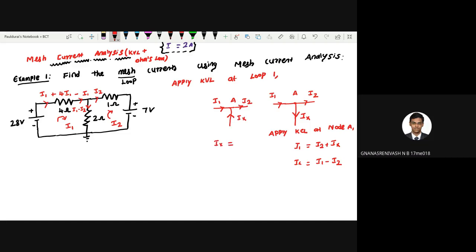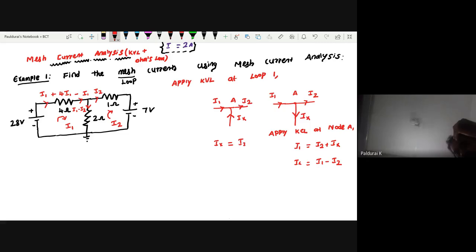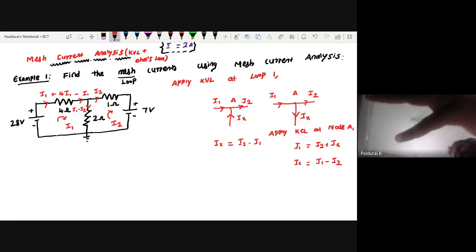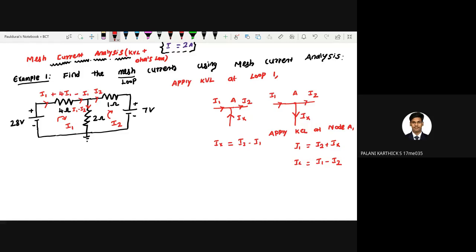I2 minus I1. ஓகே, ஸோ ரெண்டு விதமான கரண்ட் இருக்கு. டவுன்வர்ட்ஸ்ல I1 minus I2, upwardsல I2 minus I1. Okay, now for loop 1, which one will you select? Upwards or downwards? Just blind guess பண்ணி பார்க்கலாம். Downwards. Downwards, yeah, very good.